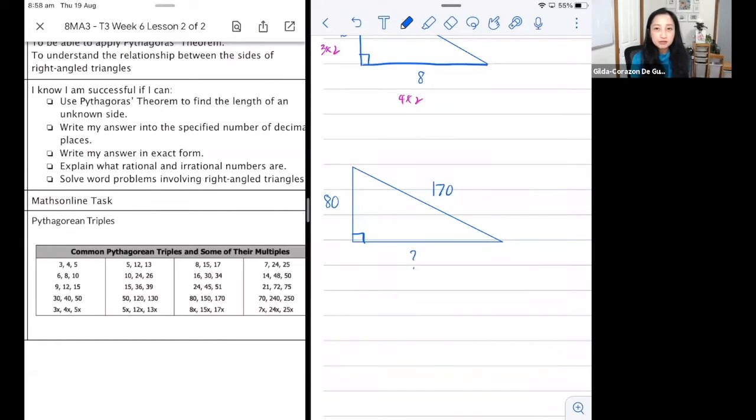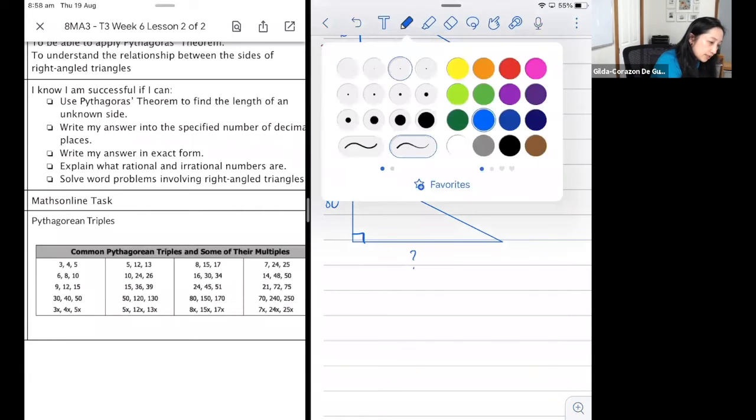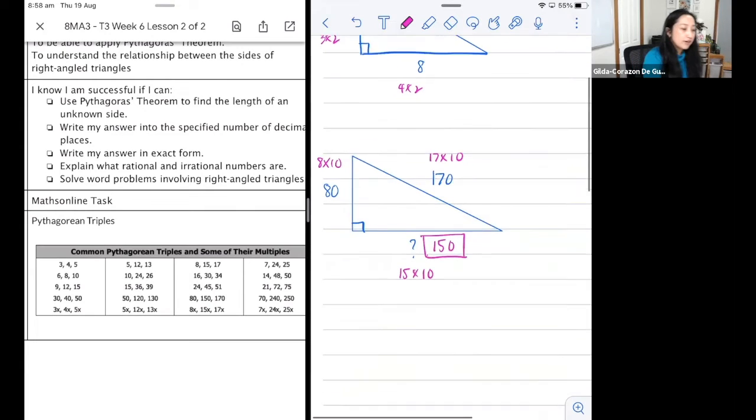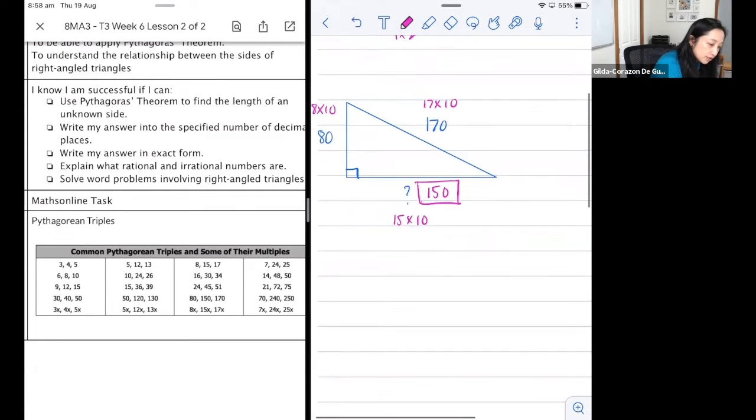And therefore, I see that that would be simply 8 times 10, 17 times 10. So this must be 15 times 10. And therefore, I'd say that this must be 150. And that's my answer without actually using the Pythagoras theorem.